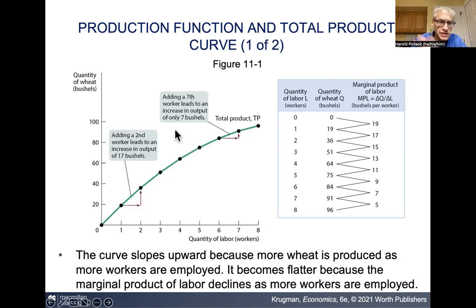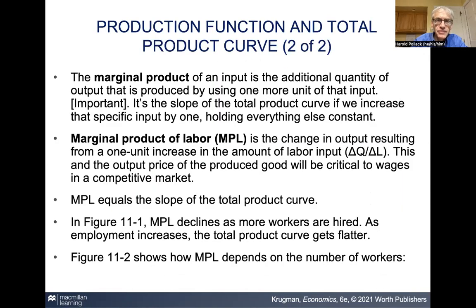And so here's just the point that I was just making. The marginal product of an input, that's important. That's the additional quantity of the output that you get if you just added one more unit of that input, but kept everything else the same. And if you did calculus, that's basically the same as the partial derivative of the output with respect to that input.